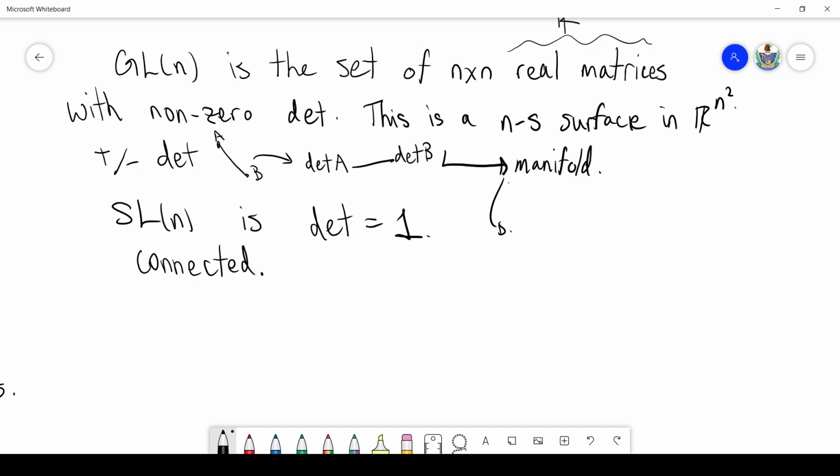And so if these two matrices have opposite sign determinants, then this continuous path must cross through 0. And therefore, at some point in this path, you will have a matrix with 0 determinant, which is not in GL of n. So this is not connected, whereas SL of n is.